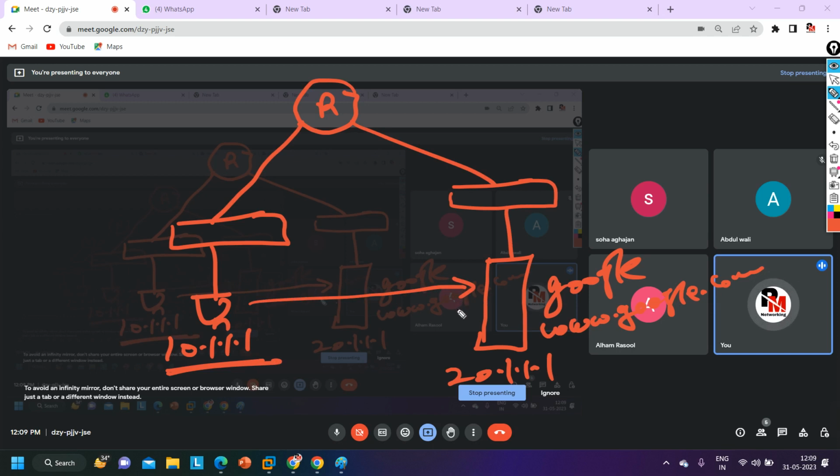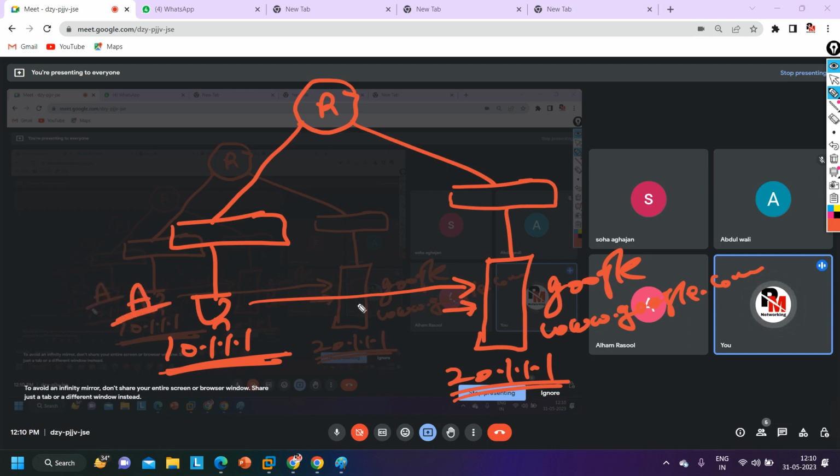But this server will never come to know that the user wants to access what? The Google web page. For that we have the transport layer for end-to-end communication. This is host to host communication. Through IP address we can communicate from one host to another host, but we cannot communicate service to service.